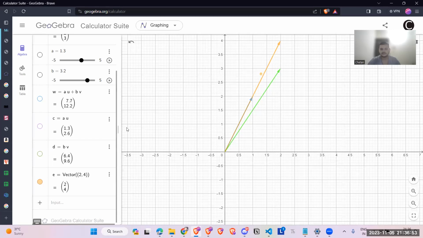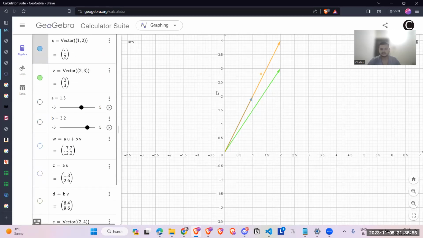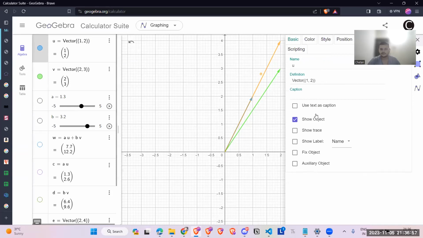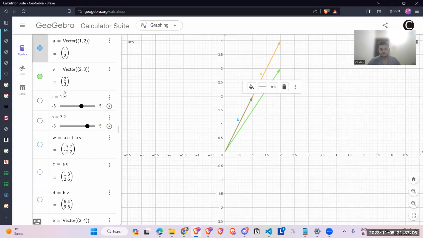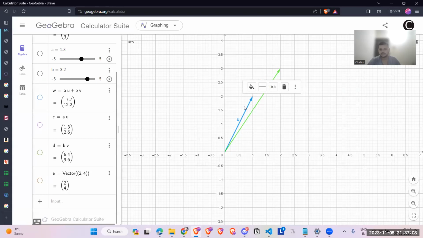This is the vector E, and this blue vector is the vector U. Let me hide vector E so that you can see the vector U. Vector U is a vector joining 1 comma 2 with 0 comma 0, and vector E is a vector that joins 2 comma 4 with 0 comma 0, and they're lying on the same line.